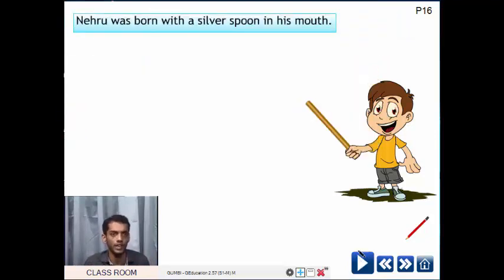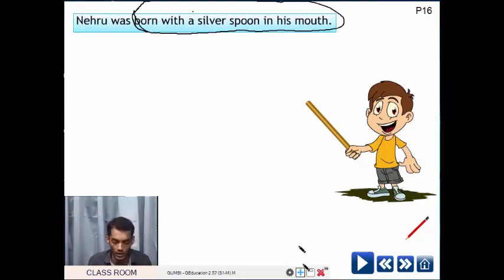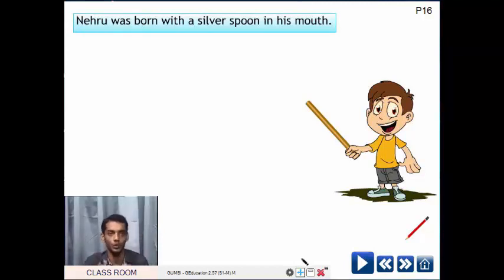Look at the sentence. Nehru was born with a silver spoon in his mouth. Okay. Look at the idiom, born with a silver spoon in his mouth. What does it mean? Let me give an example. Do you know Maharaja of Mysuru? Yes.